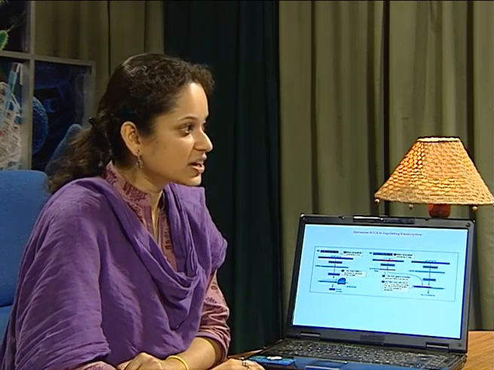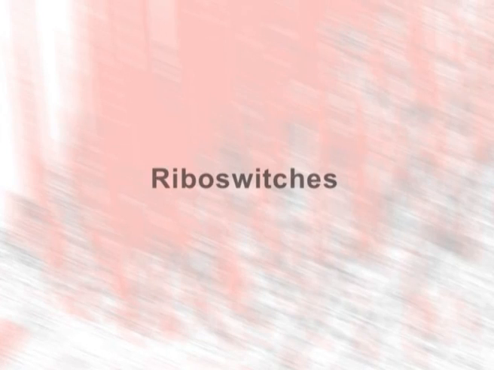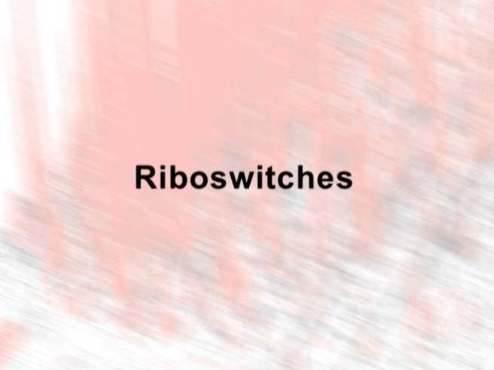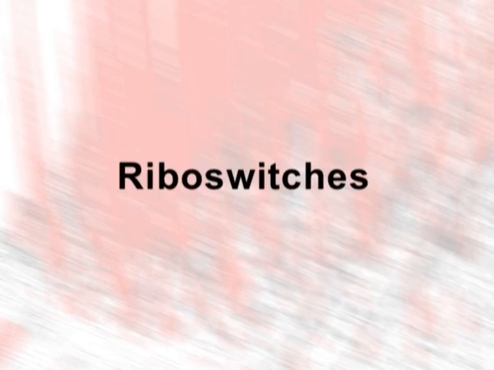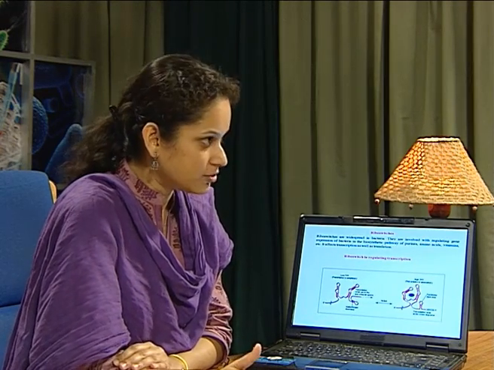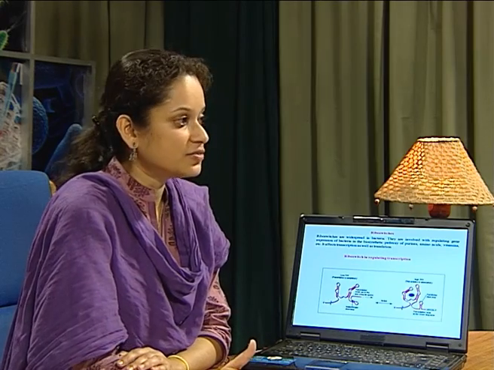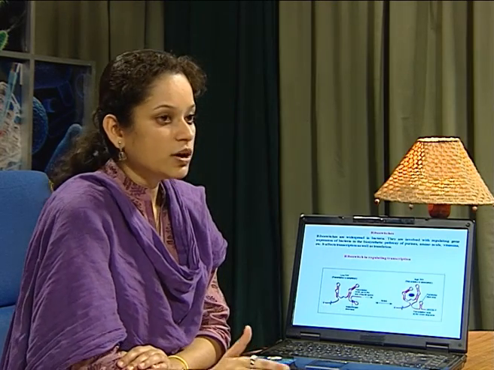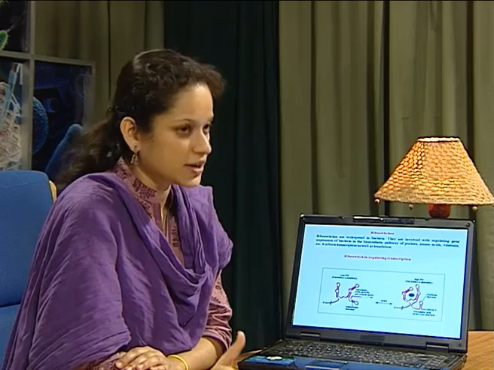The other of such a kind is the riboswitch. A riboswitch is a regulatory RNA molecule which can exhibit different conformations. What are conformations? That is, the structures. Since they can exist in more than one structure, the structures affect the transcription or the translation process.